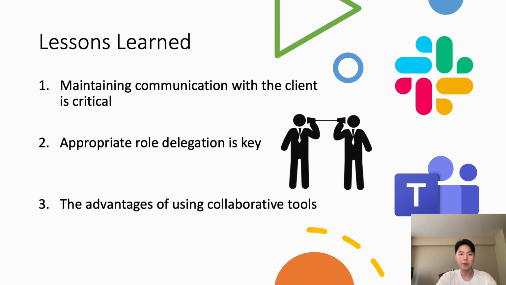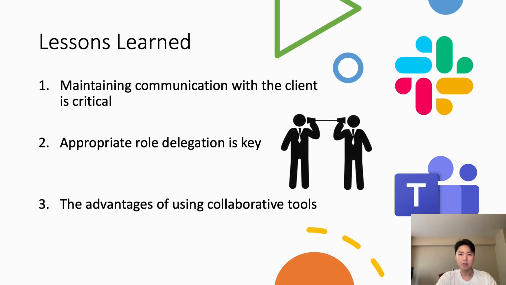After that, we had about 5 assignments to complete in the short term. By working together and dividing the workload based on each team member's strengths and preferences, we were able to complete the assignments successfully and keep up with the course steps. This experience taught us the importance of appropriate role delegation through communication.